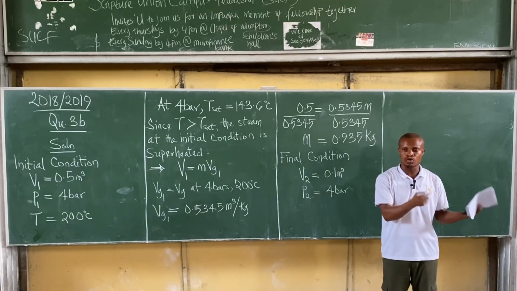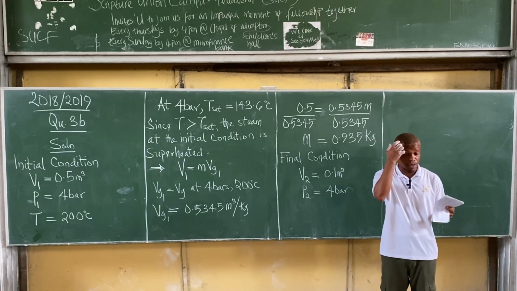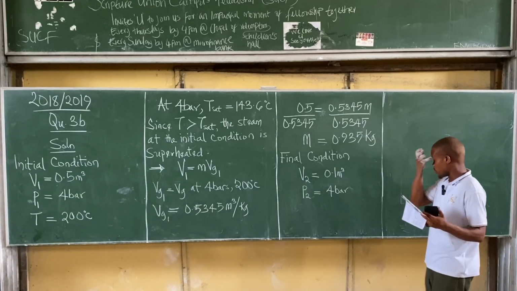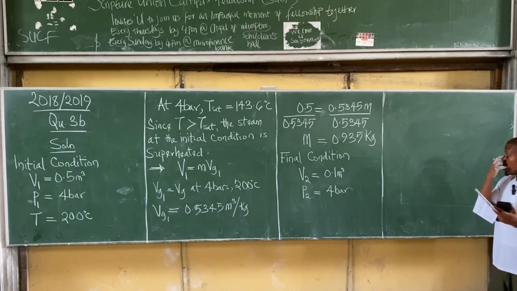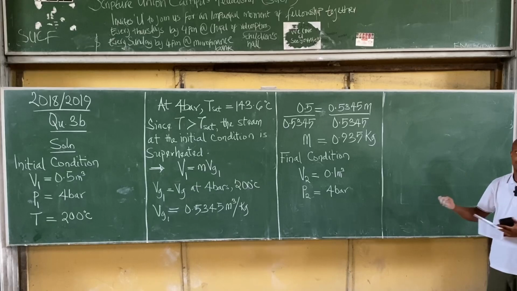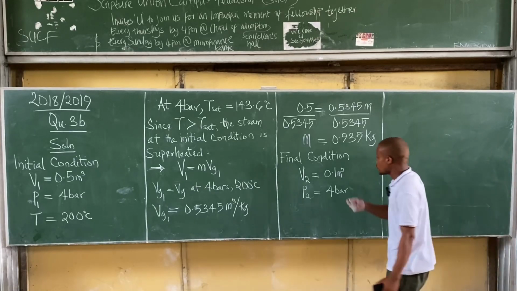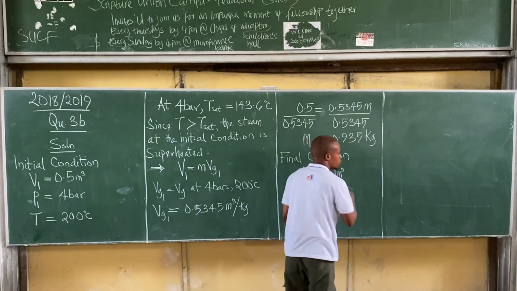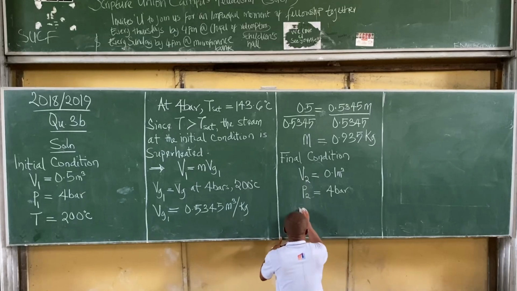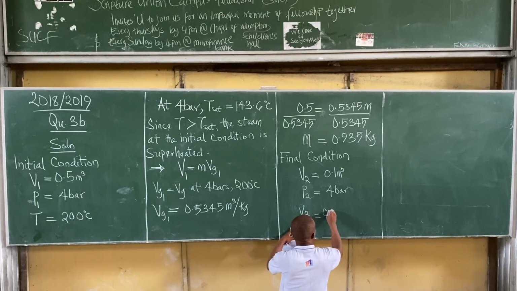In order for us to use the steam table, as I've been saying, we need to have a specific volume. And in getting your specific volume, you need to divide by mass. Therefore, V2 divided by m equals 0.1 divided by our mass, which we've gotten as 0.935.